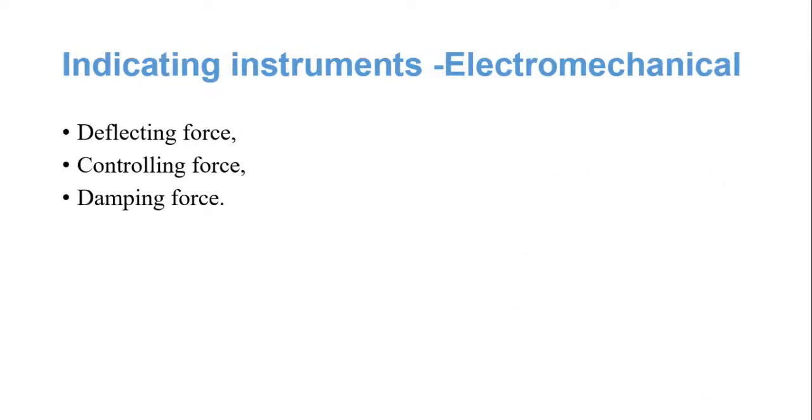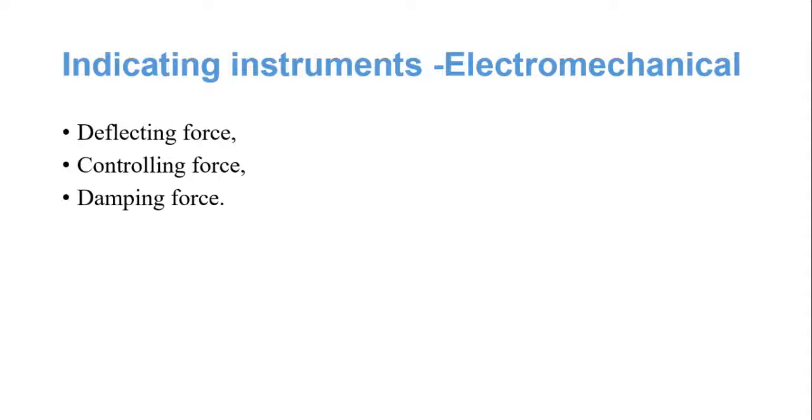Now another category of instruments is indicating instruments. For that we need to go for this configuration of pointer, and we need to take care of these three forces on the pointer, because these instruments are known as electromechanical.